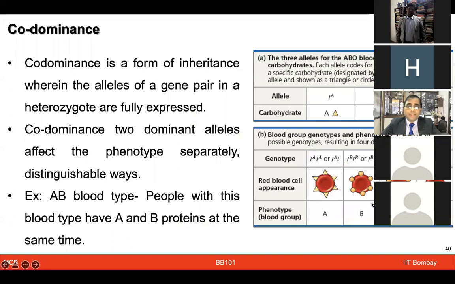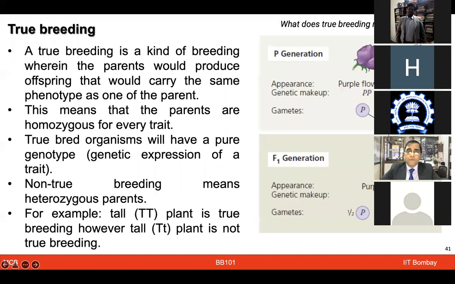So co-dominance, again, some questions were asked on how this works. Now you can really look at the genotype notation, only I capital A, I capital B, which is AB blood group. Here you see both of them are equally participating, and there are other possibilities of alleles, which we have discussed earlier.